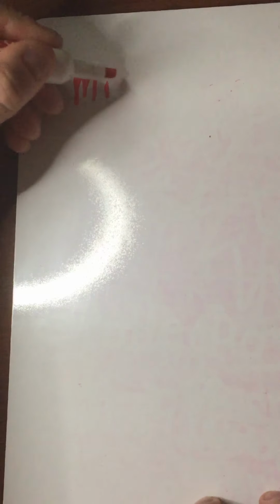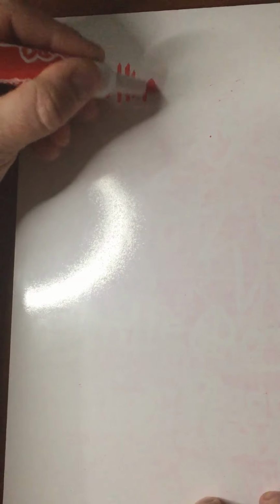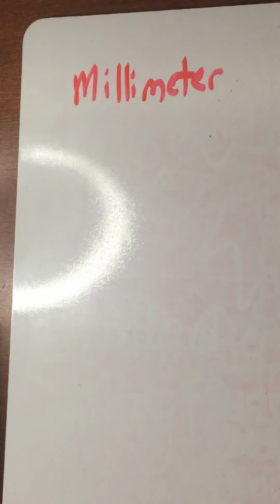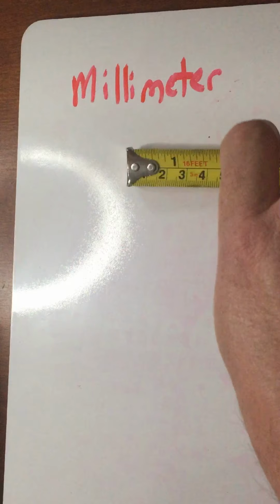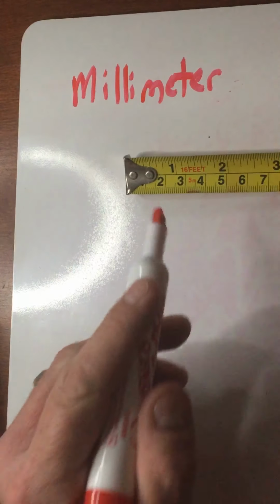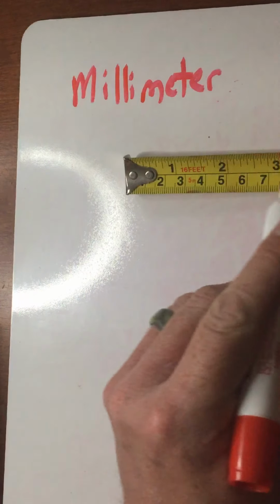So first off, we're going to talk about length. When we talk about length, the first thing we're going to talk about is millimeters. A millimeter is very tiny. Now, I brought my tape measure because I'm a man. If you look on this side, this is actually inches.